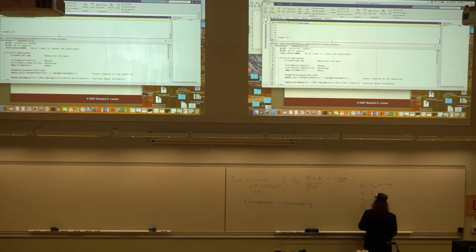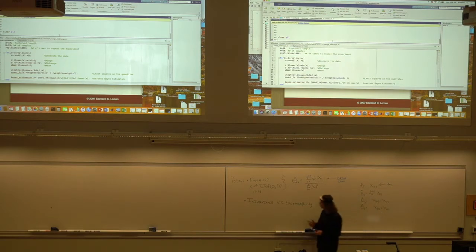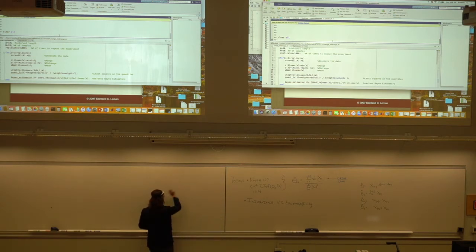Okay, let's talk about this. Question is how did I get it? So what we did to derive this least squares estimator is we solved this problem.